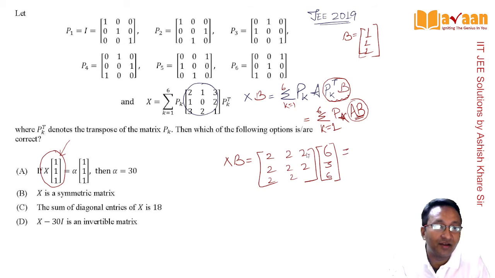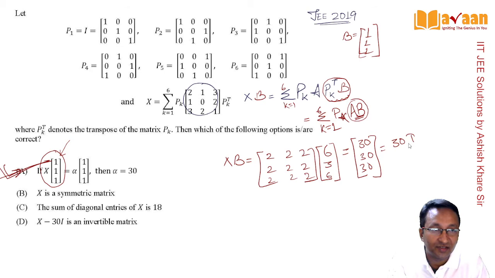And if I evaluate this, this comes out to be 12 plus 12 plus 6, 24 plus 6, that is 30, irrespective, because all the rows are same. 30, 30, 30, and the trick worked. What guided me was this option. So I understand that this option definitely is correct, because this is 30 times the column matrix.